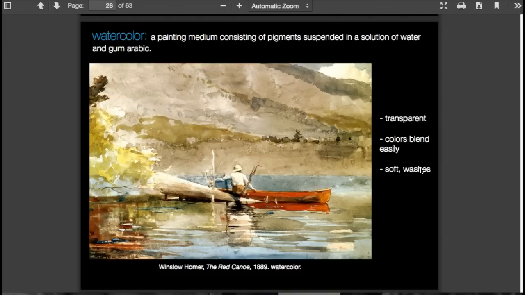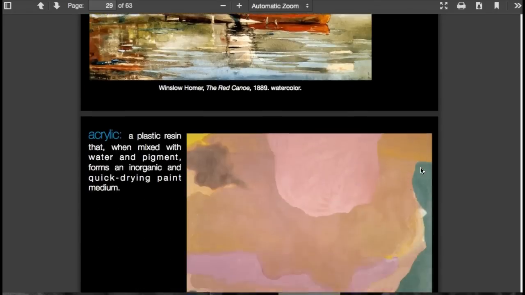And Winslow Homer is a brilliant watercolor artist and did a lot of studies of the American landscape in these beautiful washes of color. So you don't tend to get as much fine, crisp detail, although some artists can do it and it's incredible to see, but you get these beautiful, abstract, soft washes of color when we see watercolor paintings.